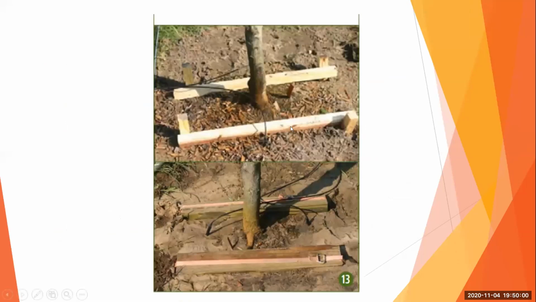You're going to stake the root ball. This one is very effective, and basically you don't need to remove it because it's biodegradable. So you leave it alone. This is a very good system to use.